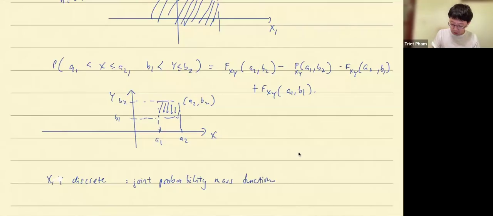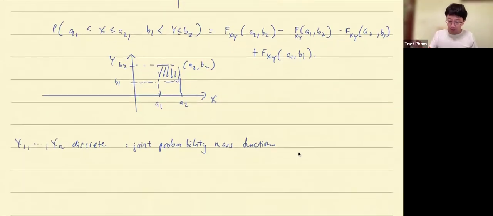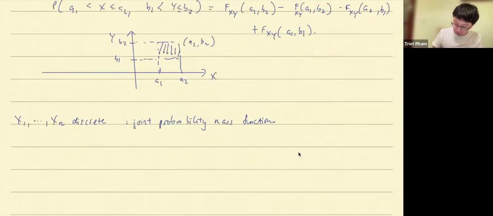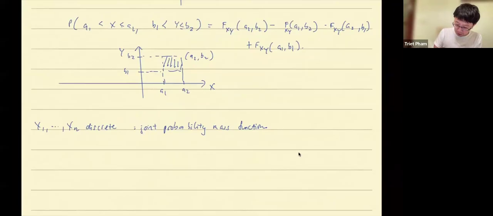So we can have not just x, y, but x1 up to xn, right? Because you can have more than one random variable for the joint distribution. Then we have the probability of X1 equals little x1, X2 equals little x2, up to Xn equals little xn.